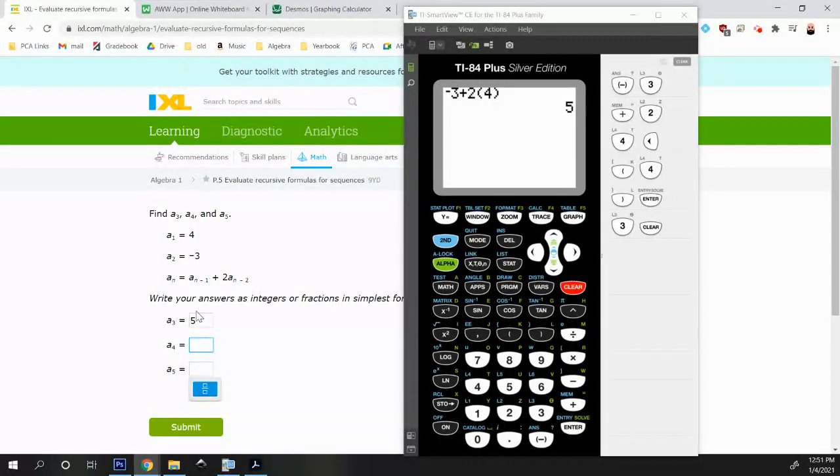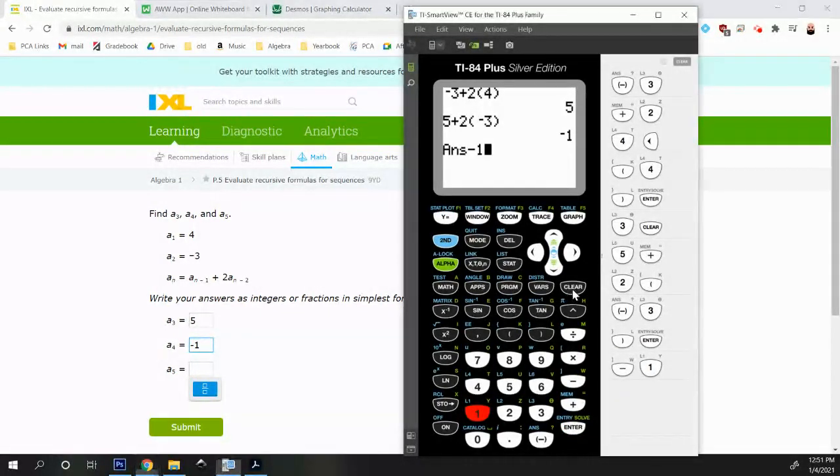All right, for the fourth one, we're going to take the term before it, which is 5, plus 2 times the one 2 before that, which is going to be -3. And that's -1. When will I learn?